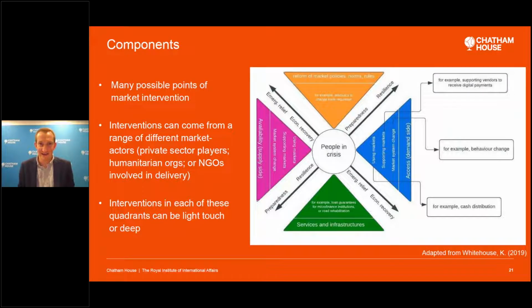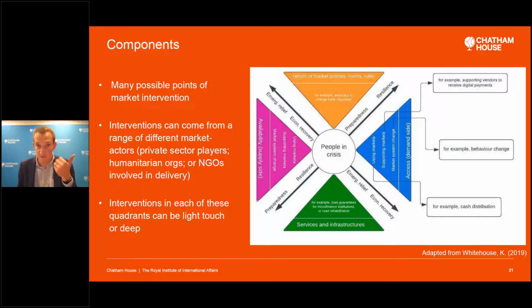Yeah, I've tried to lay out a slide here. I've adapted it from some of Katie Whitehouse's work, but which just tries to give a bit of a matrix for different types of market intervention. And there's obviously a ton of areas where you could develop market interventions around clean cooking. This one that I've pulled out here has four main components.